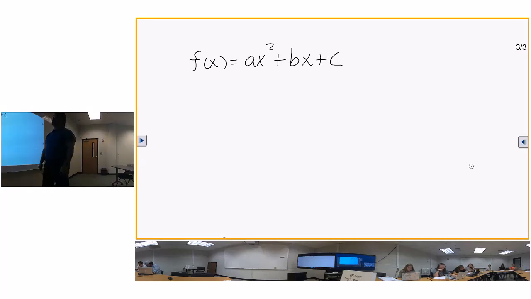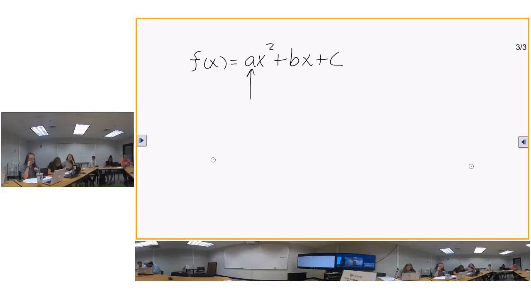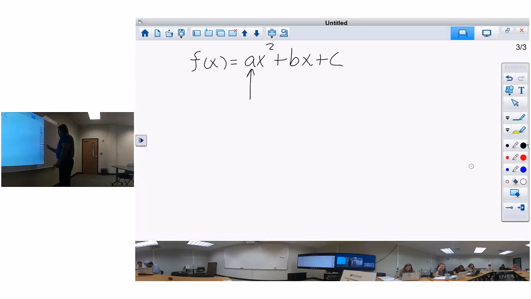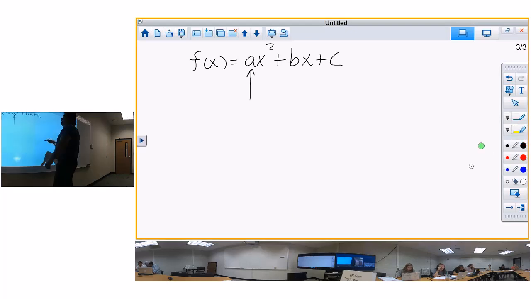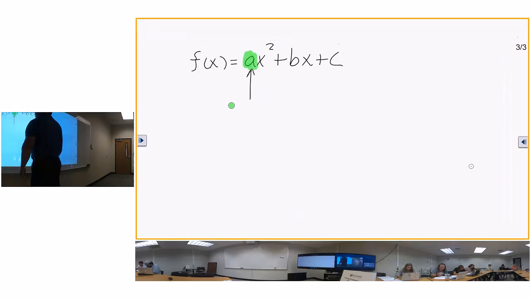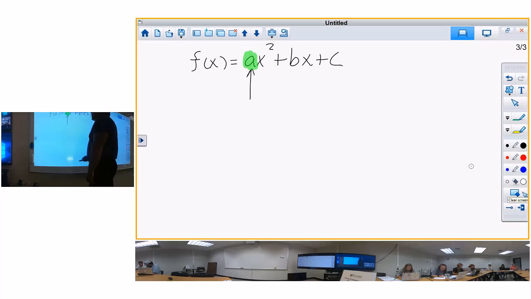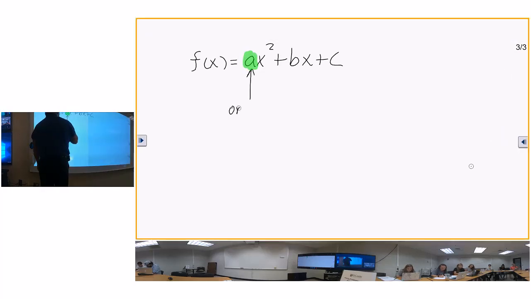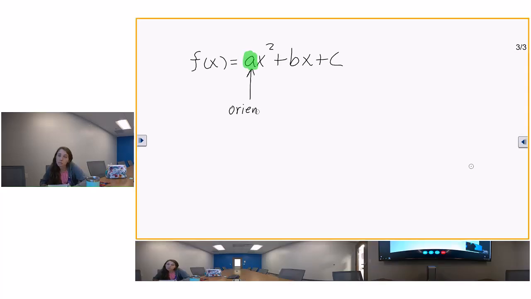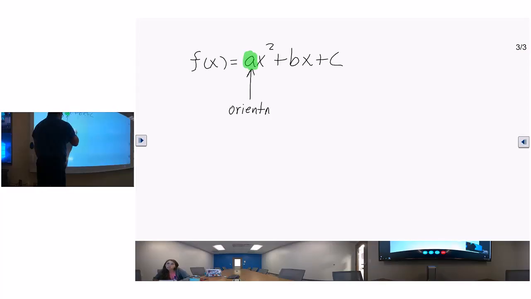Now you know what A tells us. So highlight that A right there, and it tells us orientation and what? Direction. Thank you.